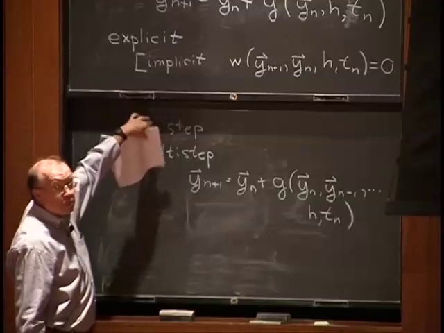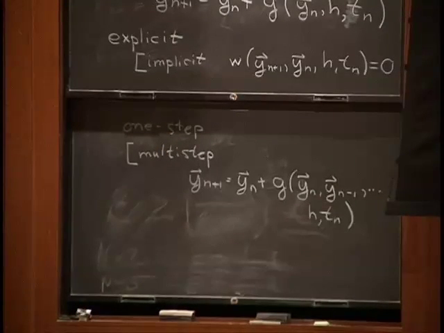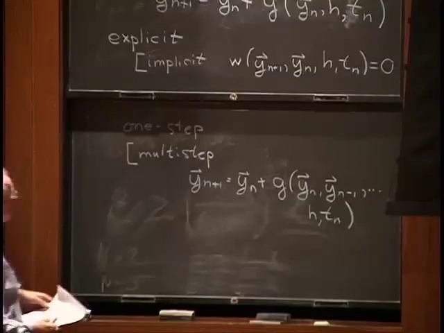There's nothing wrong with implicit methods. There's nothing wrong with multi-step methods. I'm just not going to talk about them here.